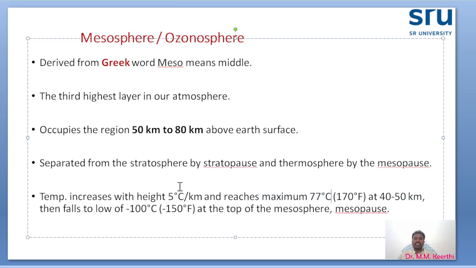After that, it falls down to a low range, falling to minus 100 degrees Celsius. That's why the top of the mesosphere region becomes cool. At the top of the mesosphere, the mesopause is present.